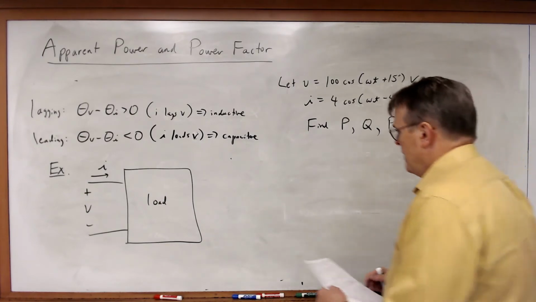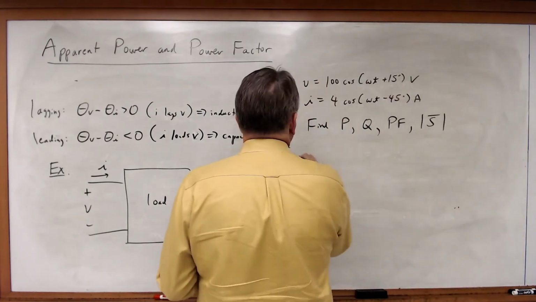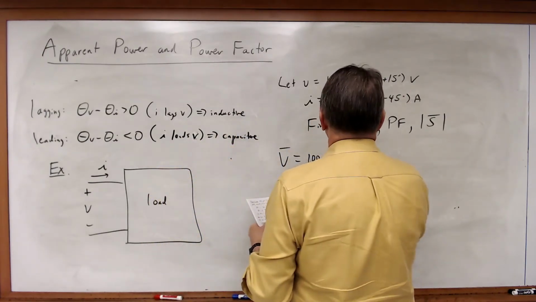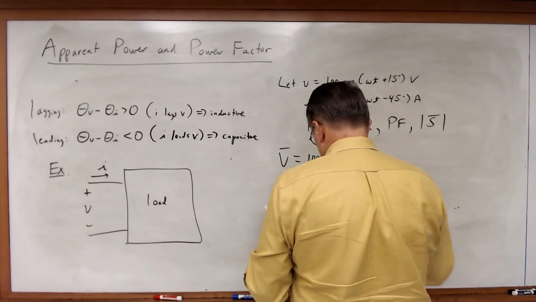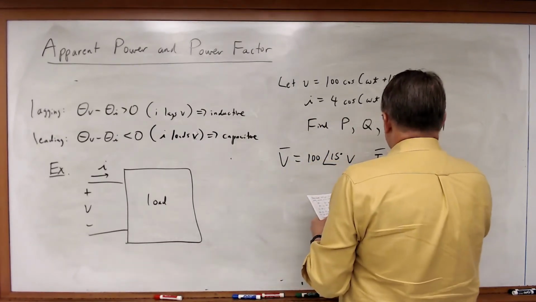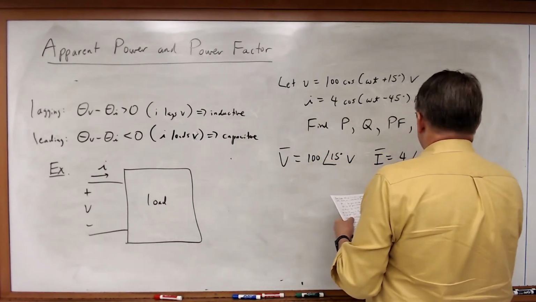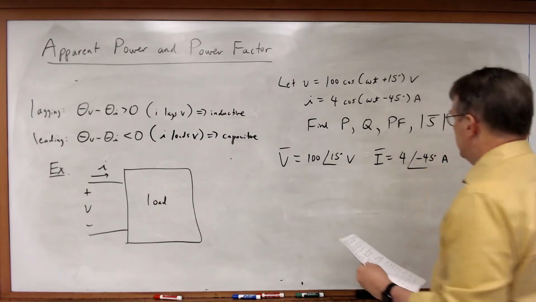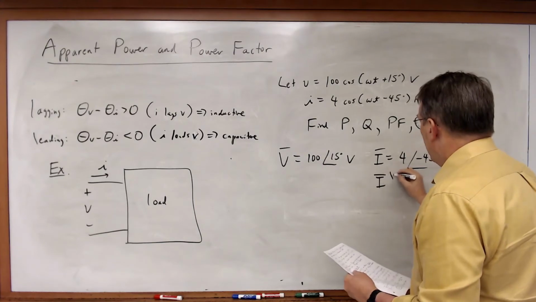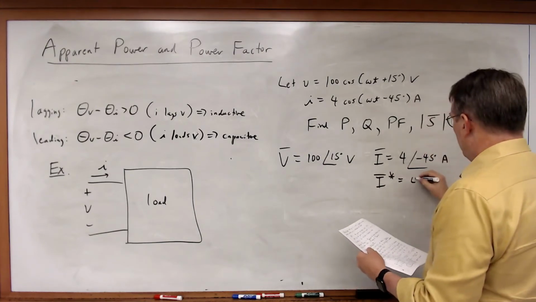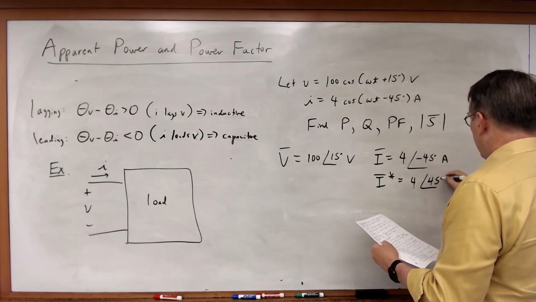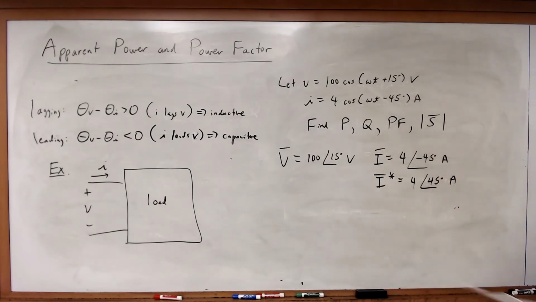So V, in phasor format, is just equal to 100 at a phase angle of 15 degrees volts. I is equal to 4 at a phase angle of minus 45 degrees amps, and therefore I complex conjugate is equal to 4 at a phase angle of plus 45 degrees amps.